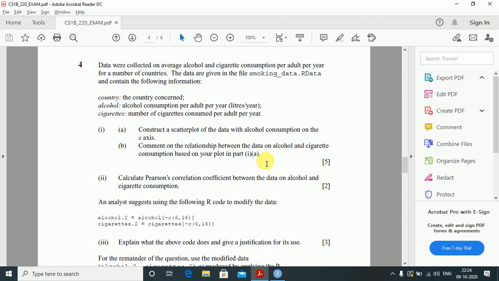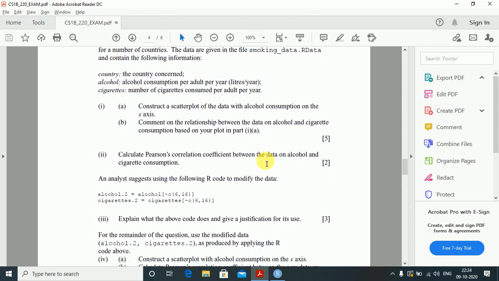This has been given, and you have to construct a scatter plot of the data with alcohol consumption on the x-axis, and the other variable on the y-axis.